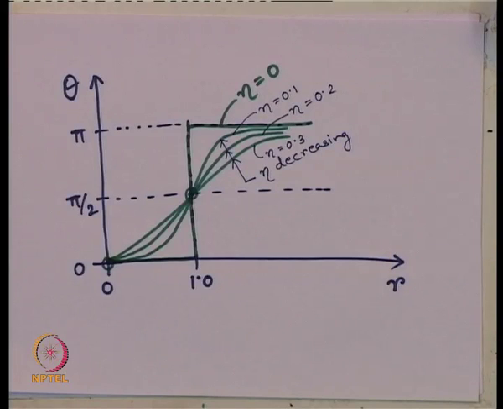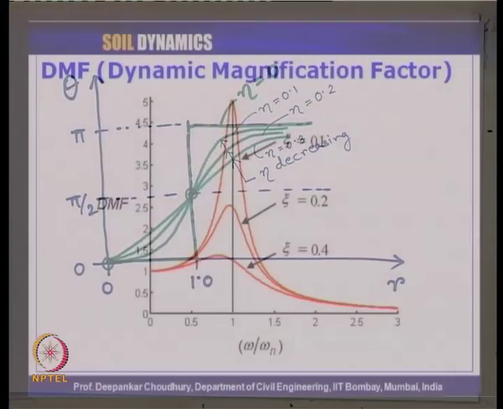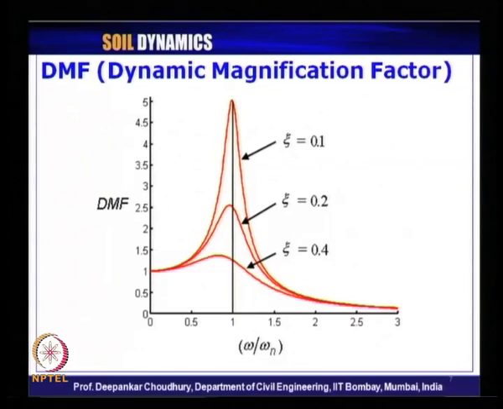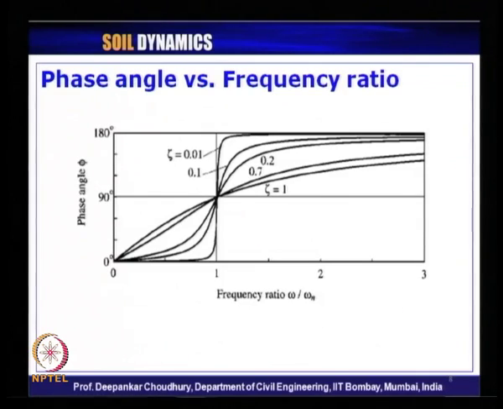So, now the same thing I have just explained, let us look back at the slides here. The DMF variation we have seen already. This is the variation of phase angle with respect to frequency ratio, as I have explained: 0 degree, 90 degree and 180 degree.